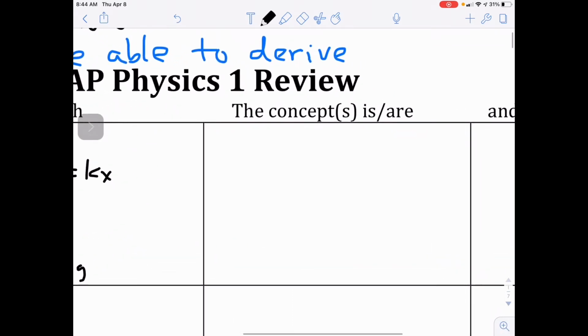The concept is Newton's first law. Remember, N1L is an abbreviation for Newton's first law. But it's also referred to as static equilibrium.